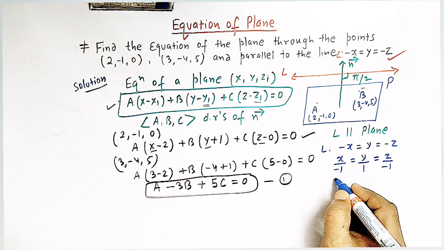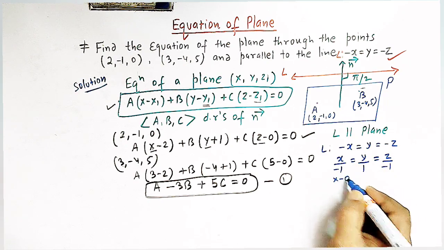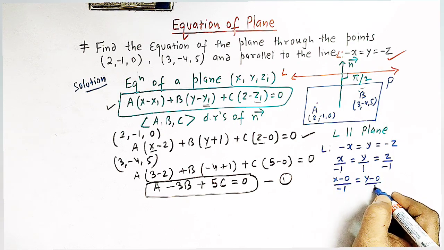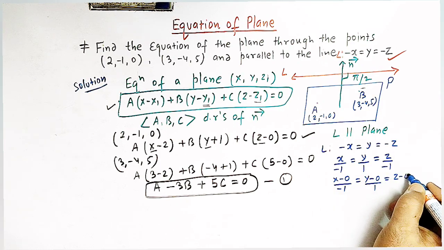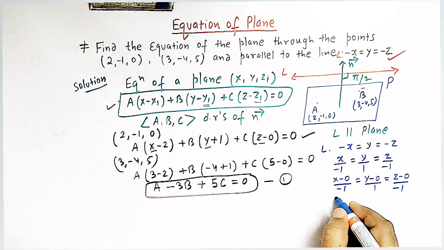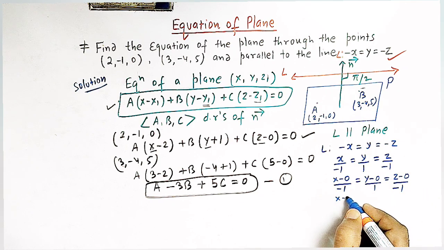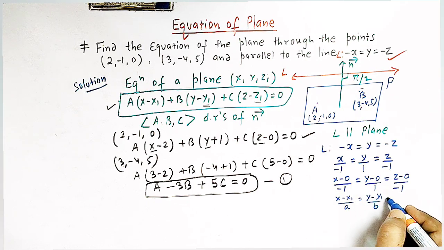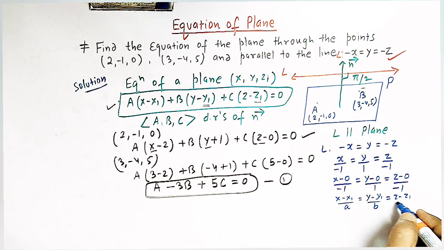So this line may also be written as x minus 0 over minus 1, y minus 0 over 1 and z minus 0 over minus 1. So this equation is now of this form, that is x minus x1 over a, y minus y1 over b and z minus z1 over c.